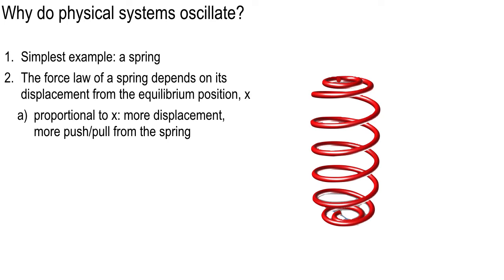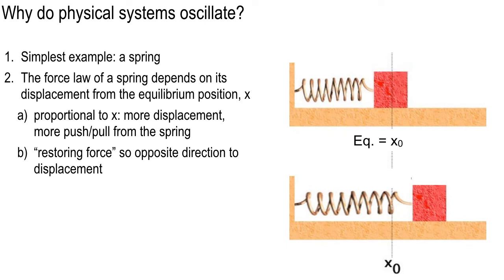If x is the measurement of how far you are left or right of equilibrium, then the more you have of it, the more force you have, either push or pull. And its direction is opposite to the direction of the displacement. So what that means is you have a restoring force.